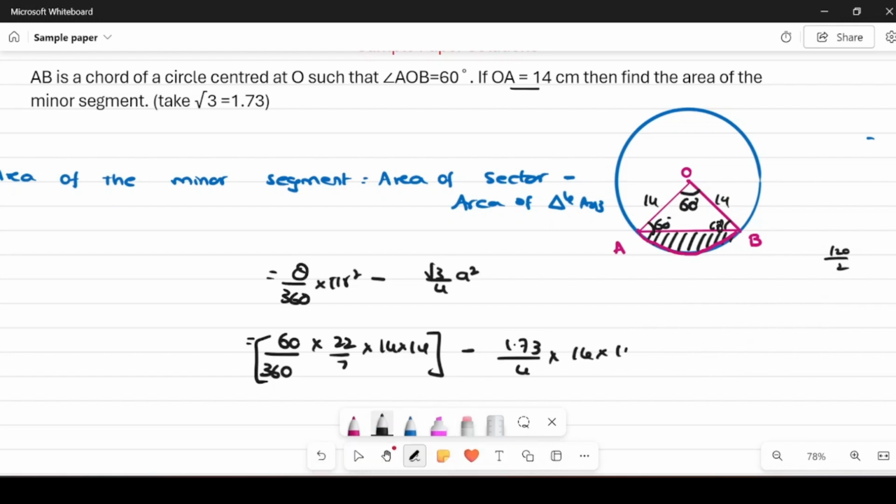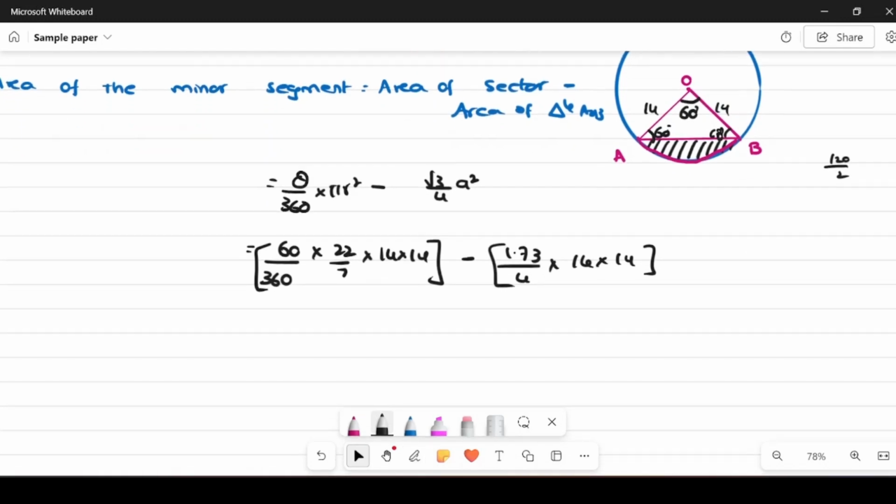14 into 14. We can simplify this now. Cancel the 0s, 6 can go here 6 times. We can cancel 7 here 2 times. Then it would be 2 times 14, 28. 28 into 2, 56. I am writing this as 56 into 11 so that I can apply the 11 table shortcut here.